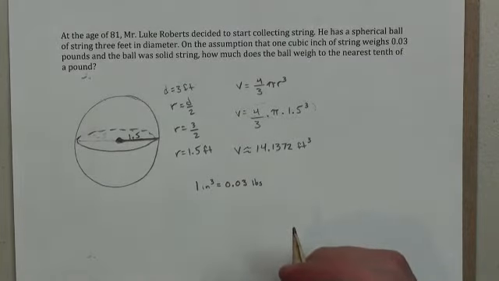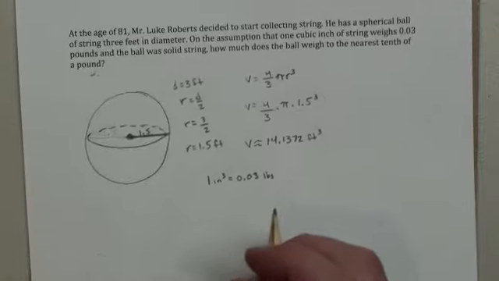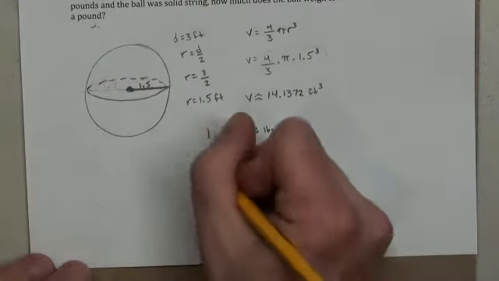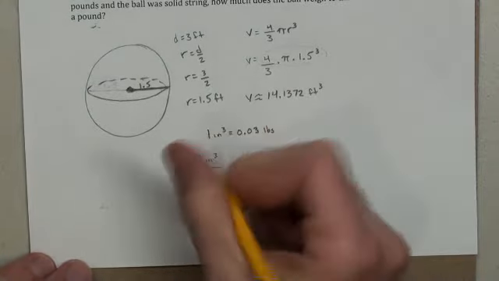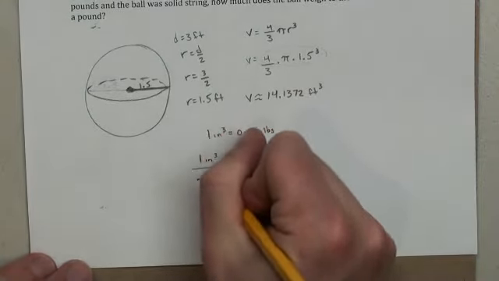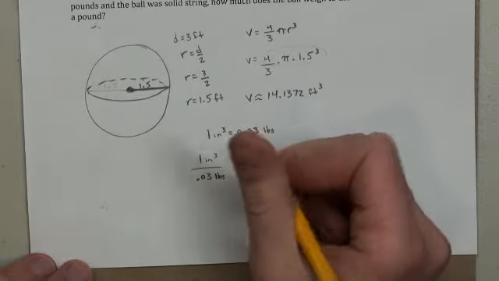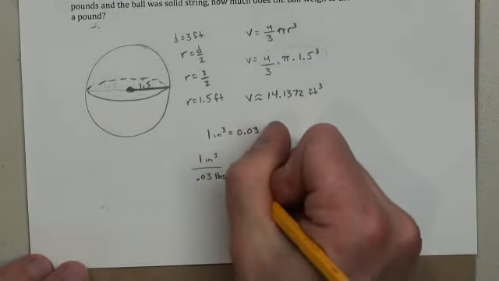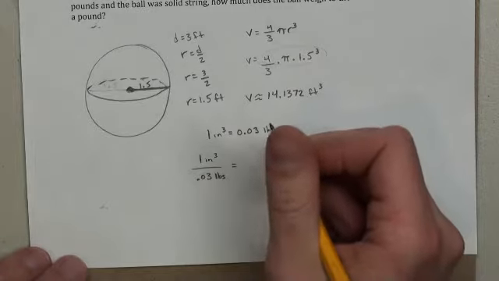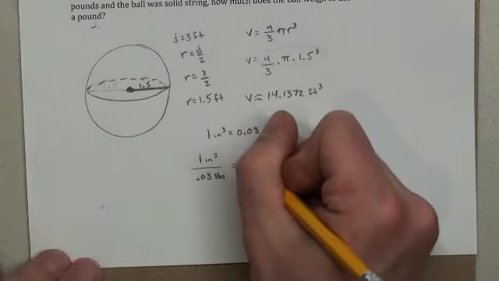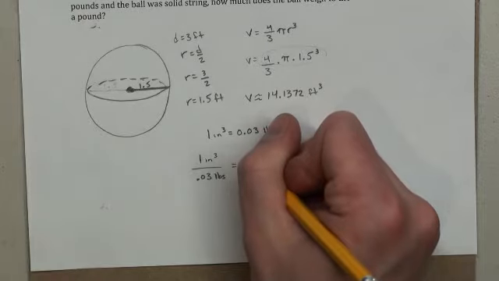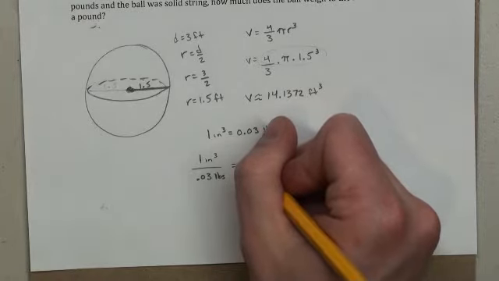So if 1 inch cubed is 0.03 pounds, and there are, let's see, how do we want to do this?